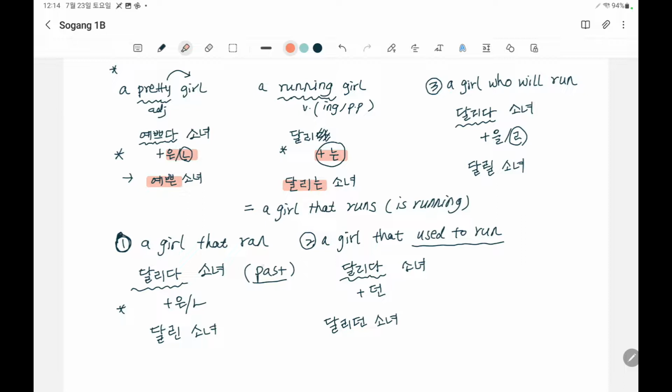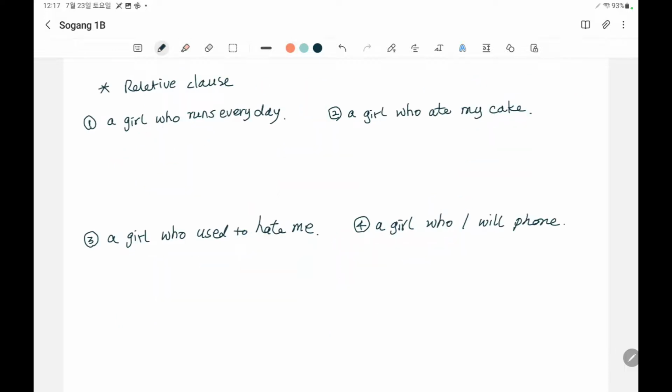How about the past? In the past tense, we need 은 or 는, which is exactly the same with the adjective case. So you say 달린 소녀. What about the future? Future tense, we need 을 or 릴, depending on the 받침. So a girl who will run, 어떻게 말해요? 달릴 소녀. 이렇게 말해요.